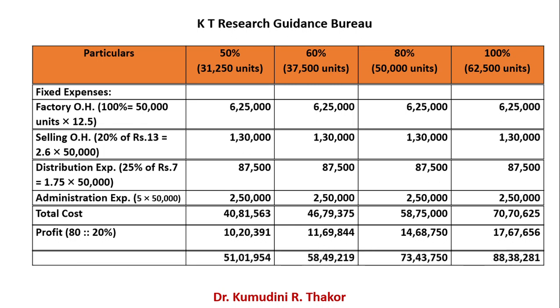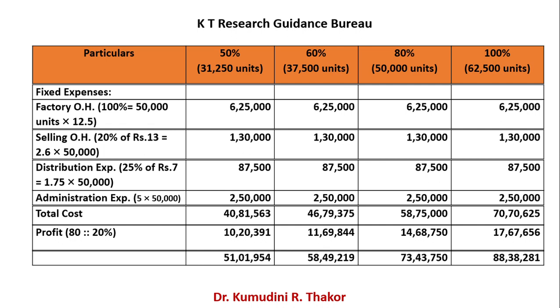First, find out the total selling price. Total selling price is equal to total cost plus profit. Again, listen to me carefully. Selling price is equal to total cost plus profit.